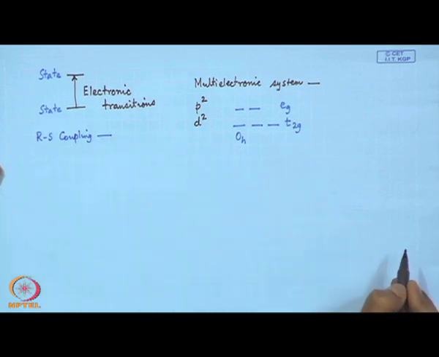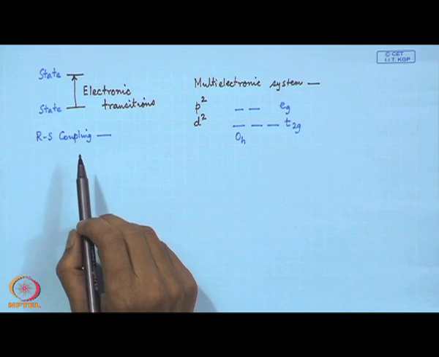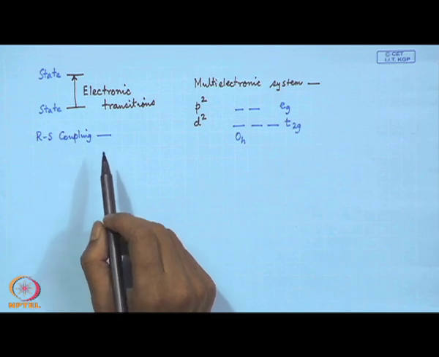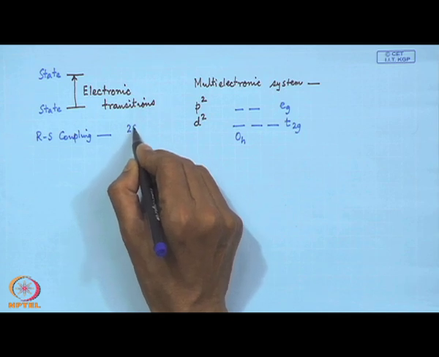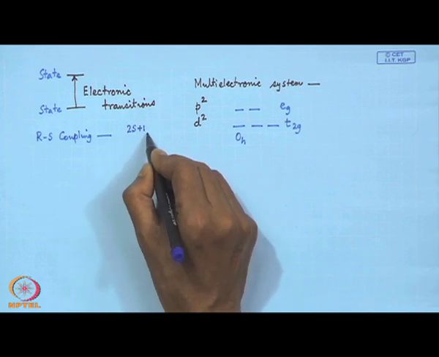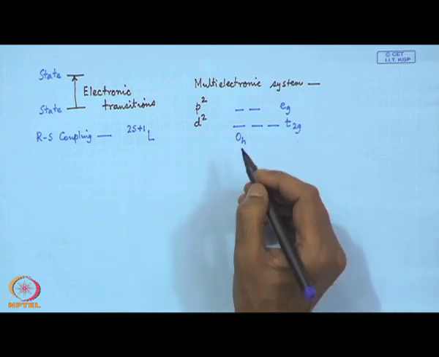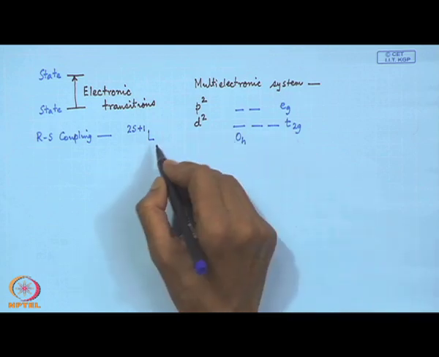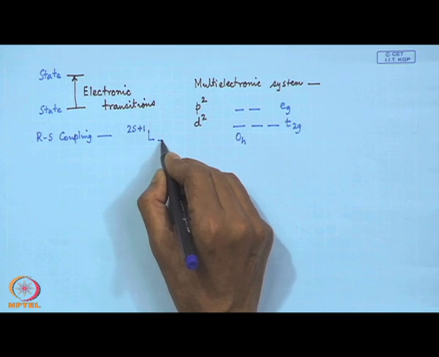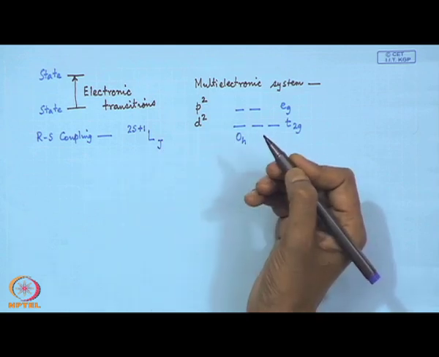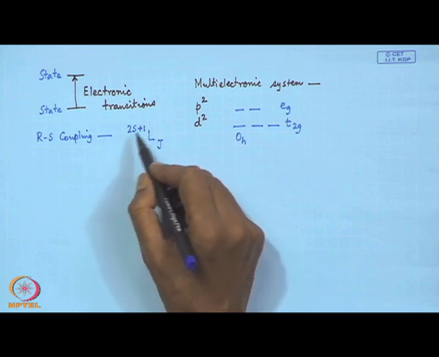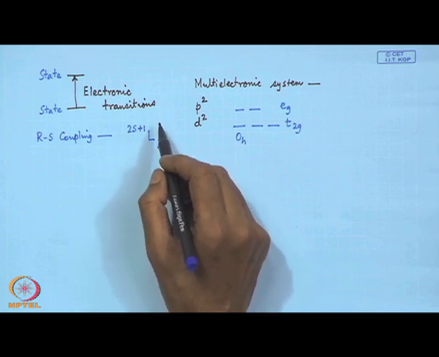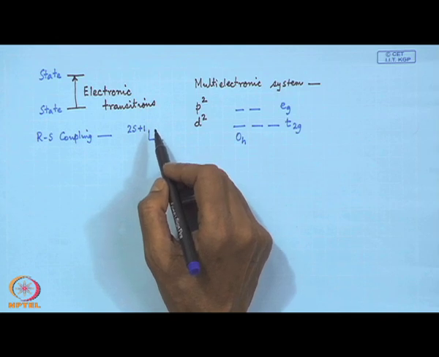Due to that coupling, we can find a particular state which can be defined nicely in terms of its corresponding spin values and the orbital angular momentum values, and the corresponding spin orbit coupling values. So, these are the 3 quantities which can nicely define a particular state.